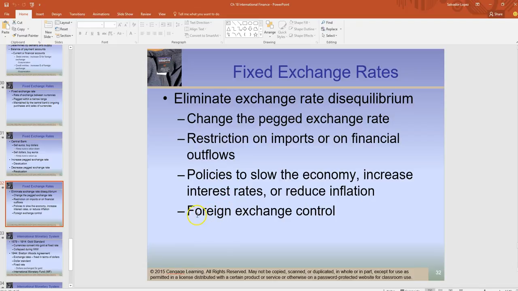Finally, another thing that they may do is foreign exchange control. In other words, from the Venezuela point of view, to control dollars. And that's exactly what they do. They have a certain exchange rate for certain kinds of imports, another exchange rate for other kinds of imports.